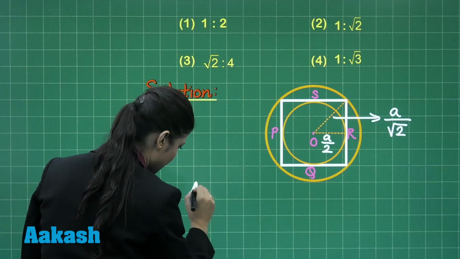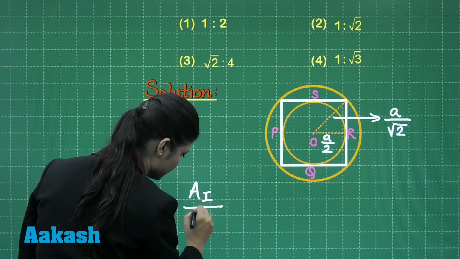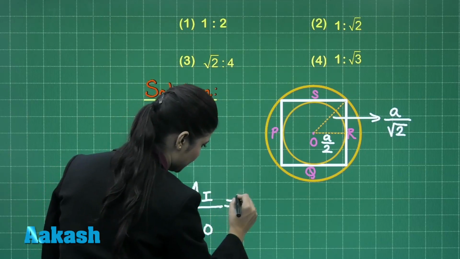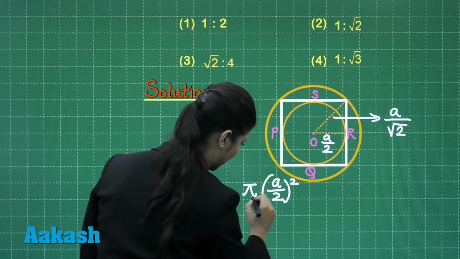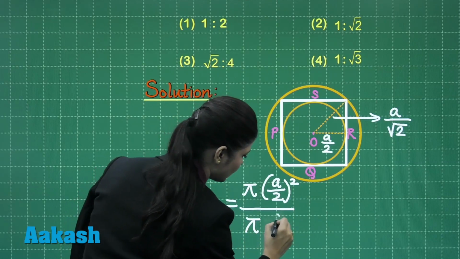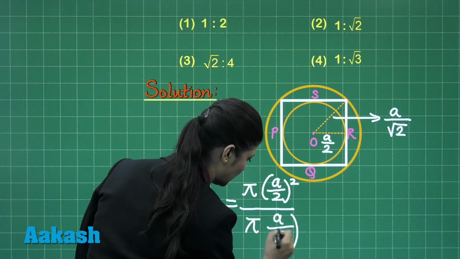As per question, you need the ratio of area of inner circle and outer circle. This is pi a upon 2 whole square upon pi a upon root 2 whole square.